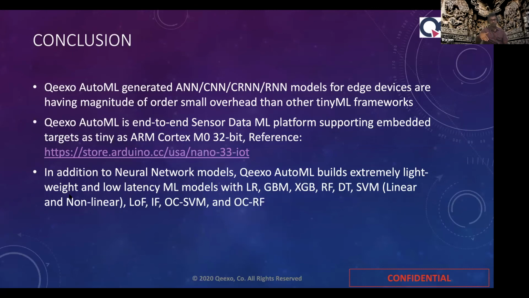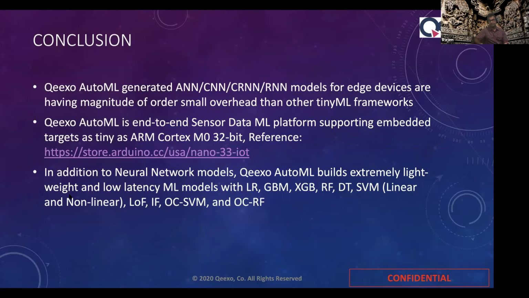What Qeexo AutoML does is that it only puts those many operators and only puts those many layers of C code into the final binary, which are actually needed and which are actually encountered during the forward pass of the models.